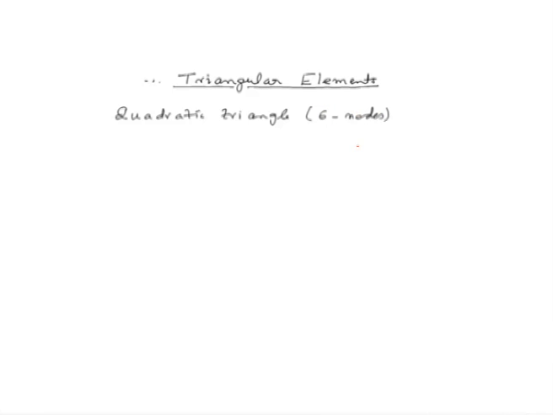So, let us have a geometric representation of this quadratic element, and the numbering convention which is commonly employed. 1, 2 and 3, these are 3 primary nodes.